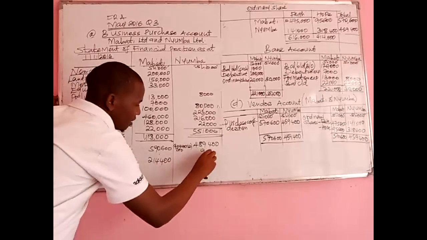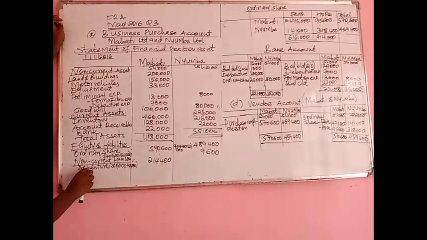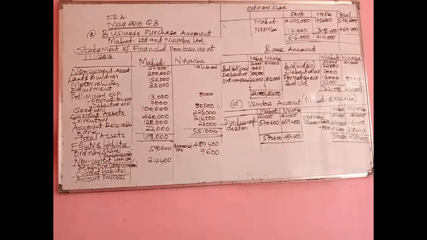And now for current liabilities. Current liabilities, we consider only the accounts payable, debtors, creditors. So accounts payable, how much did he go with?